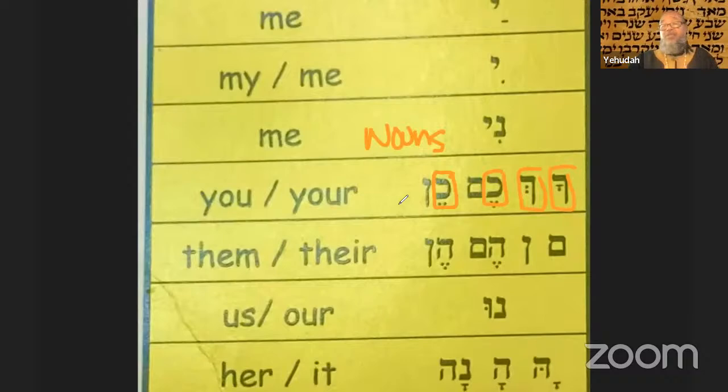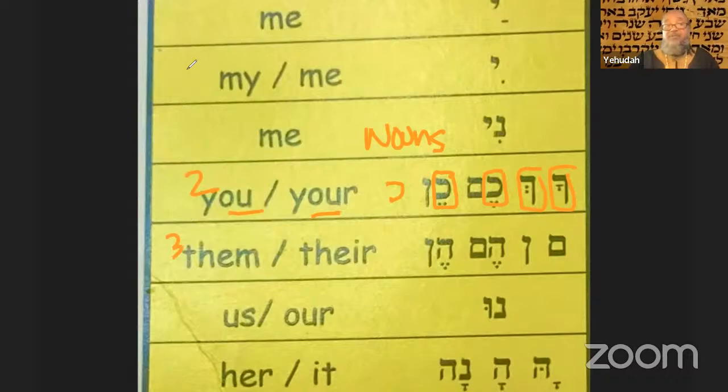And whenever you're talking about a noun, a person, a place, or a thing, your endings are going to start with a cough. If you're talking about you, that's second person. Remember, it's always going to be first person, second person, third person. If you're talking about third person, it'd be them.